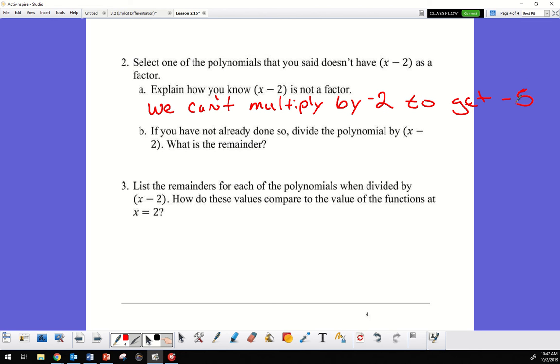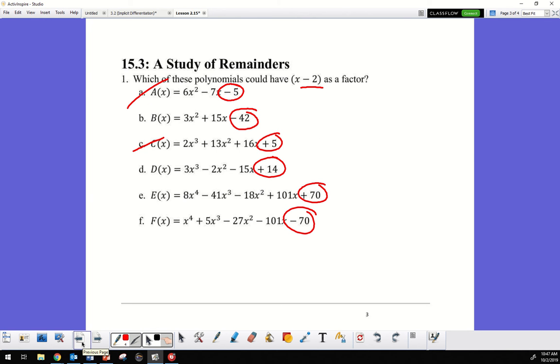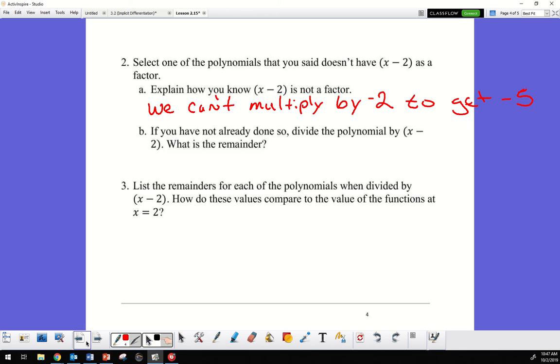Now, let's divide it. Let's divide it now. So, I'm going to take one of the problems. Which one do you want to do? You want to do A or C? C. All right, he said C. Let's go with C. All right, so on C, here, so I can get this right. C was ABC.